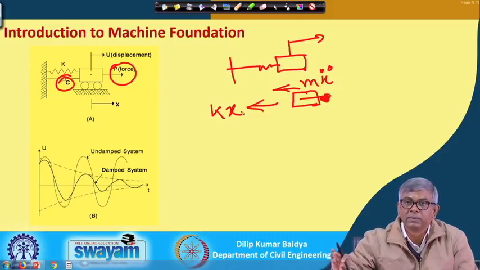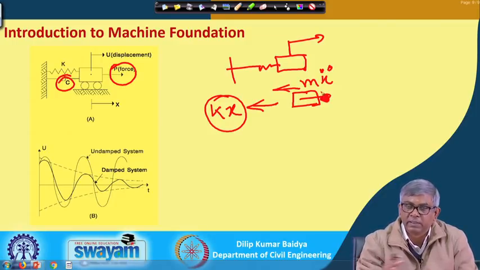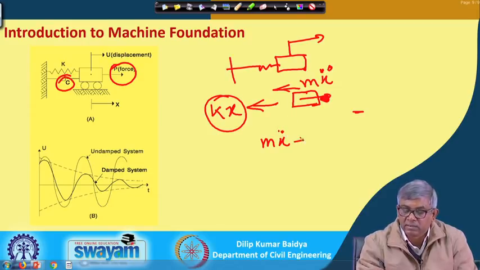If the displacement x is given in this direction, then the spring force is k times x, and if I leave it, then within the mass there will be an inertia force. Since I have pulled this side, the inertia force will be in the opposite direction. So in this mass, 2 forces are acting, m x double dot plus k times x, and there is no external force acting, so it will be 0.